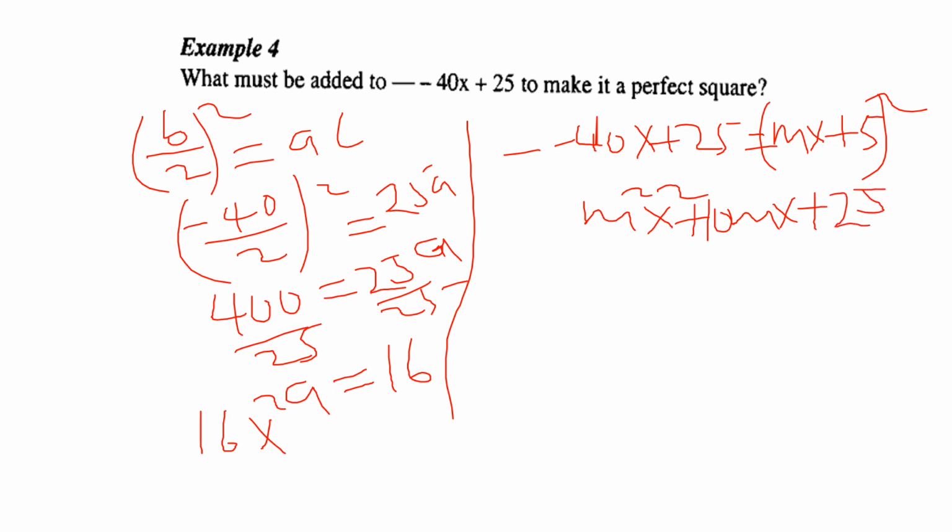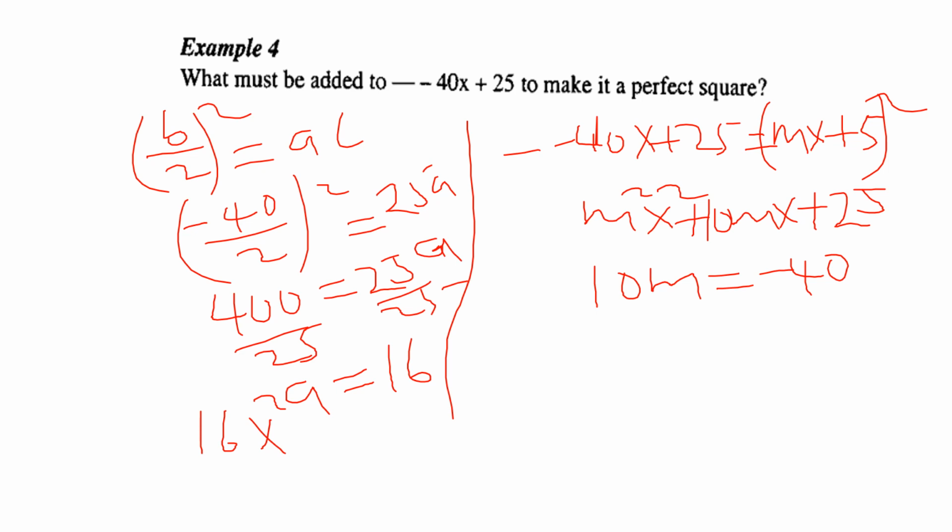So the next thing is for us to equate the two. So remember here we are now going to have our 10m equals negative 40.